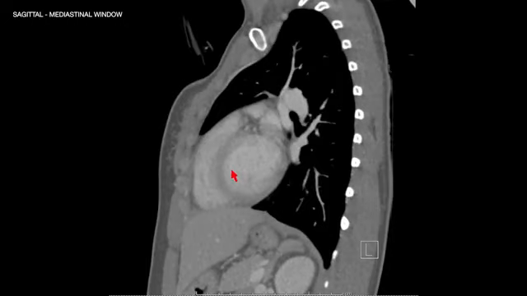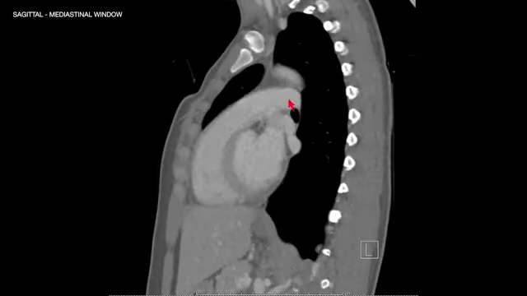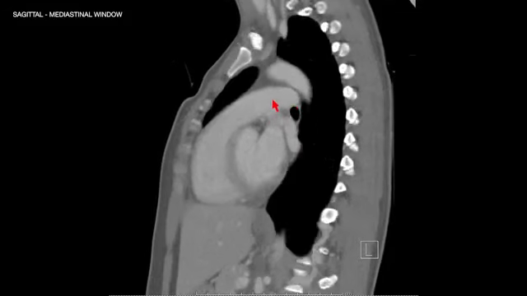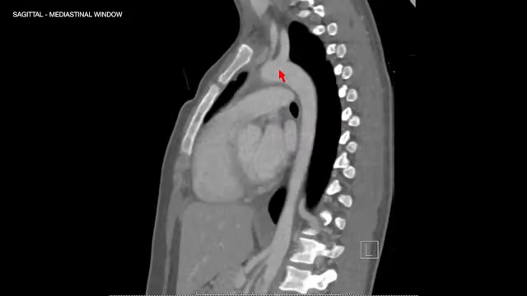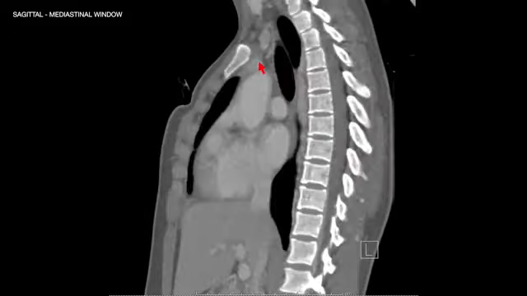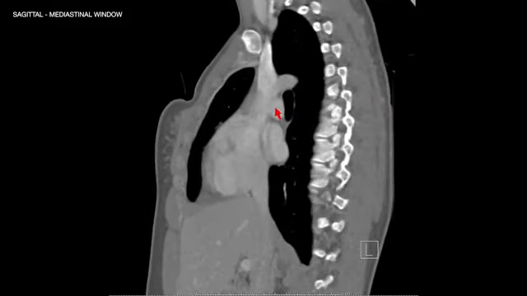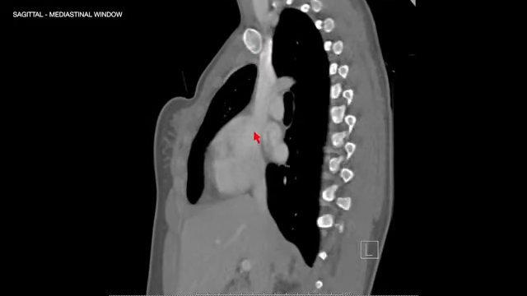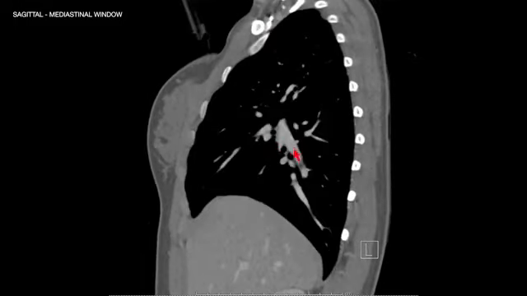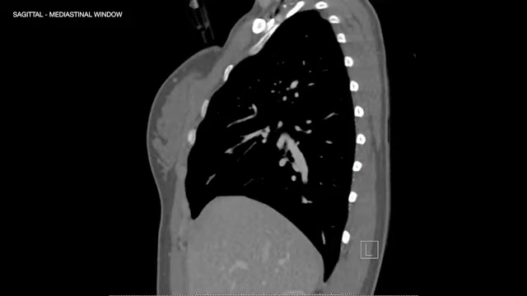You can see the relationship anterior right, posterior left, the pulmonary artery arising here. Then we see the aortic arch, the three arch vessels, the right pulmonary artery on the right side, the superior vena cava coming down to the right atrium, and the branches of the pulmonary artery.